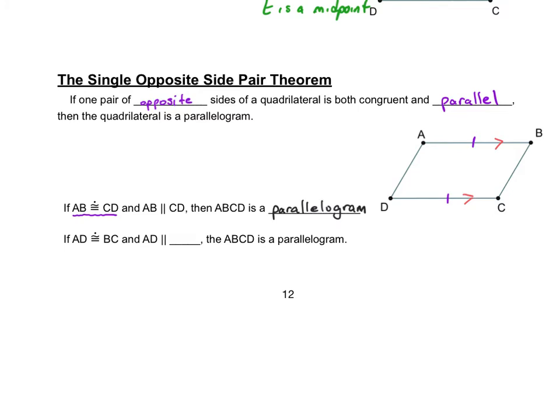And then if AD is congruent to BC, and AD is parallel to BC, then ABCD is also going to be a parallelogram.